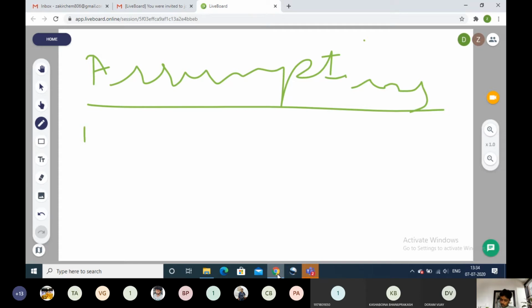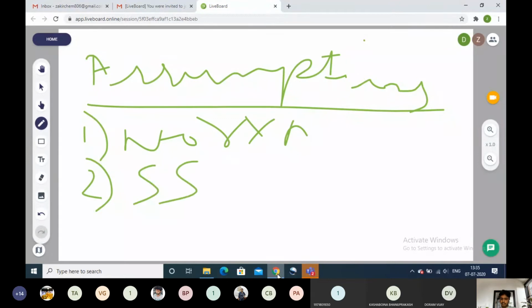The first assumption is no reaction. We already assumed that, therefore we kept our RHS term as 0. And second, the process is at steady state, I am just writing SS.